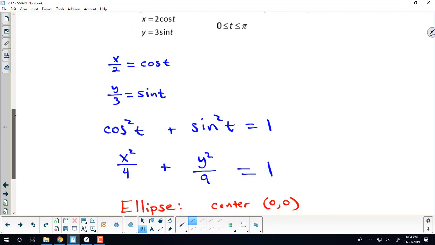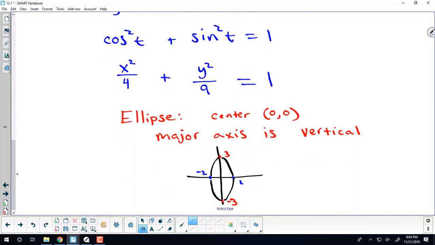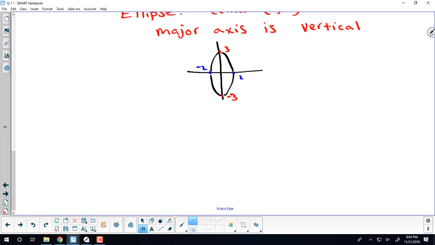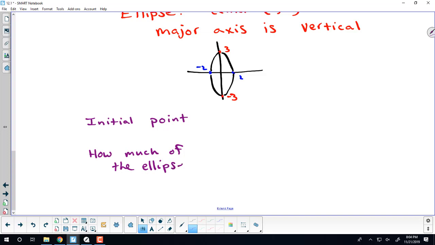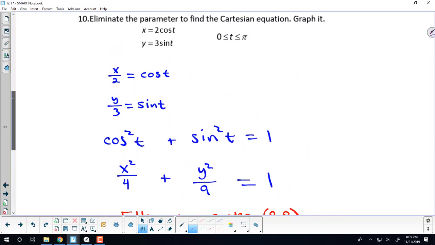So do we generate the full ellipse? Let's find the initial point first.